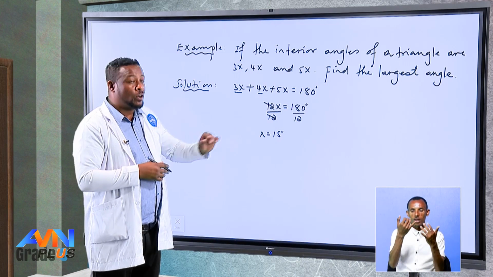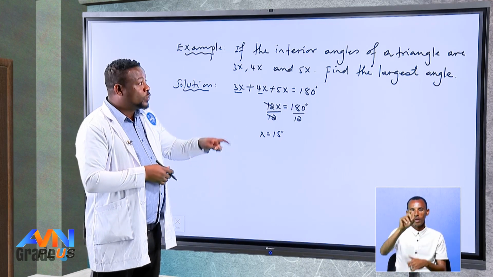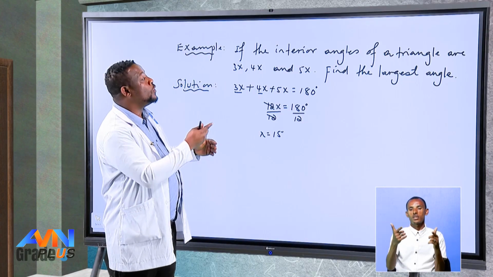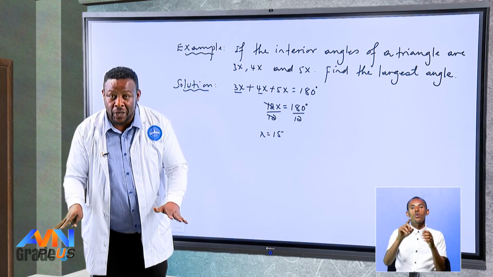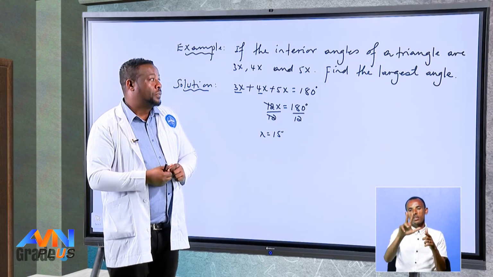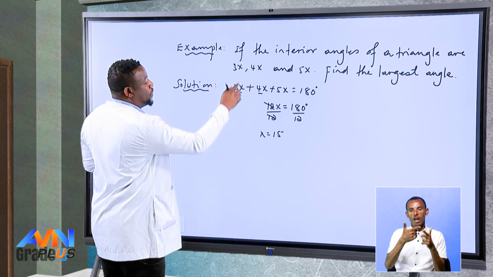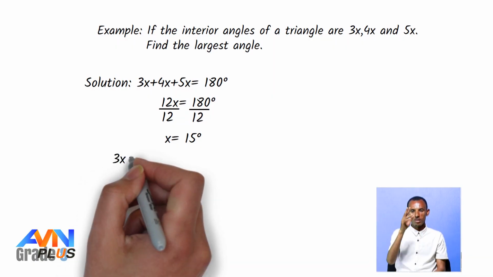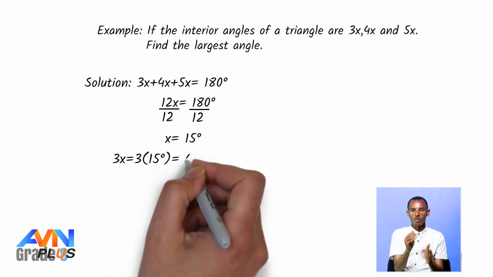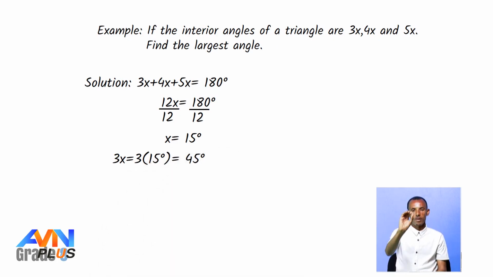Now we have the value of x. The next thing, to find the largest angle, is to substitute the value of x and list out all three angles. Then you can pick the largest of the three, right? One of the angles is 3x, which means 3 times 15 degrees, which is 45 degrees.